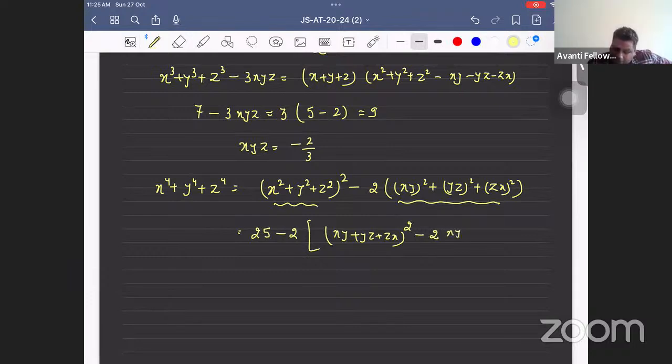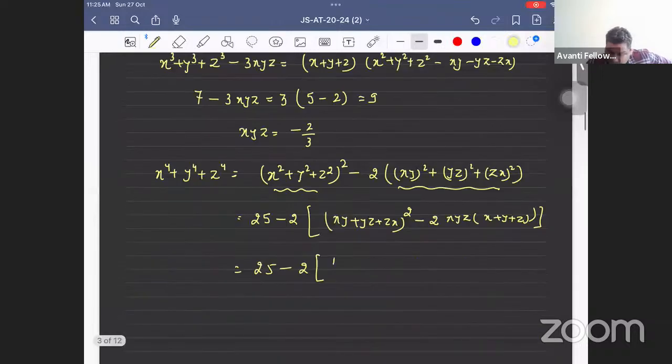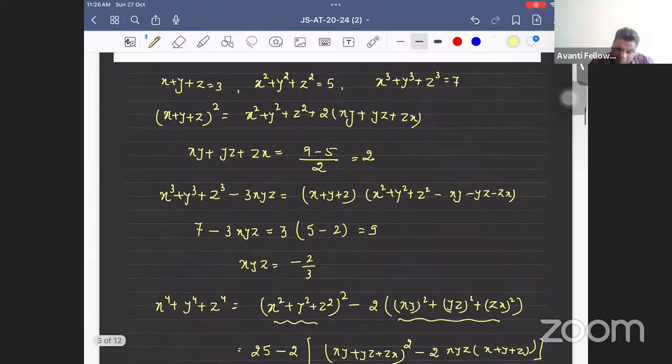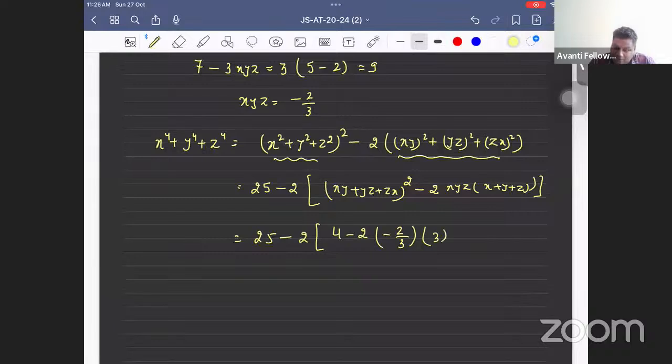So if I write that with xyz common, it will remain x plus y plus z. So it is 25 minus 2 times [(xy plus yz plus zx) whole square, that is 4, minus 2 times xyz, which is minus 2 by 3, into (x plus y plus z), given to me as 3].